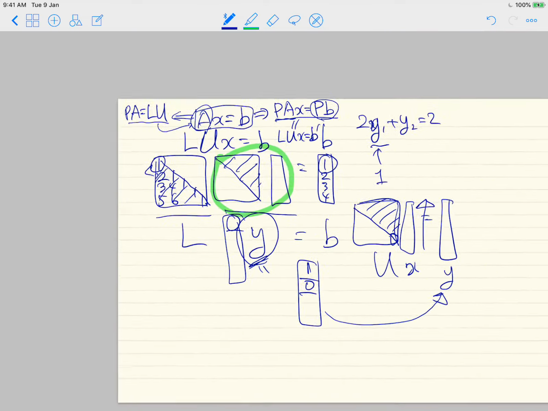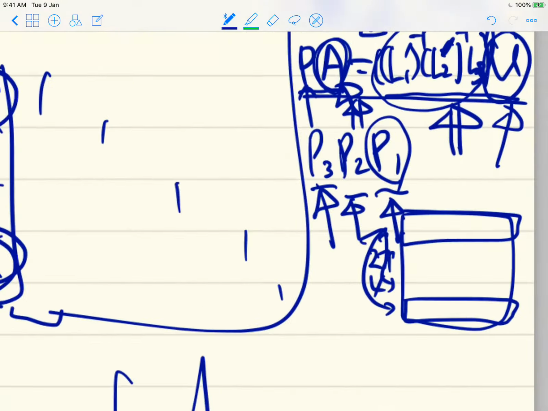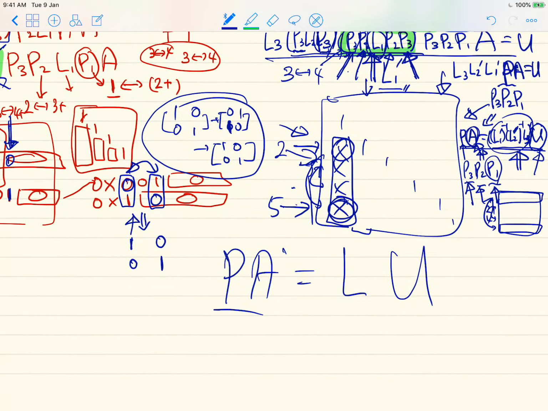Okay, so in the previous slide, we discussed how to apply this permuted version of A, right?